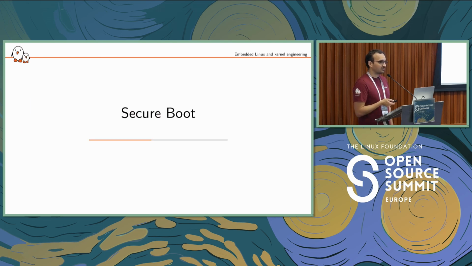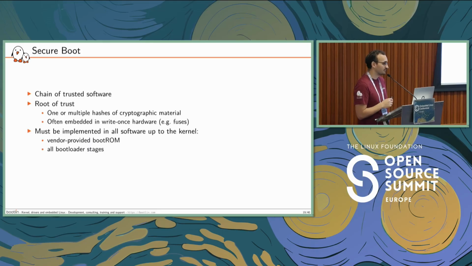The next big security measure, I think, is secure boot. Secure boot is a way for all of the software on your platform to authenticate itself from one component to the next. You have to trust something at the start. You cannot manufacture trust ex nihilo.